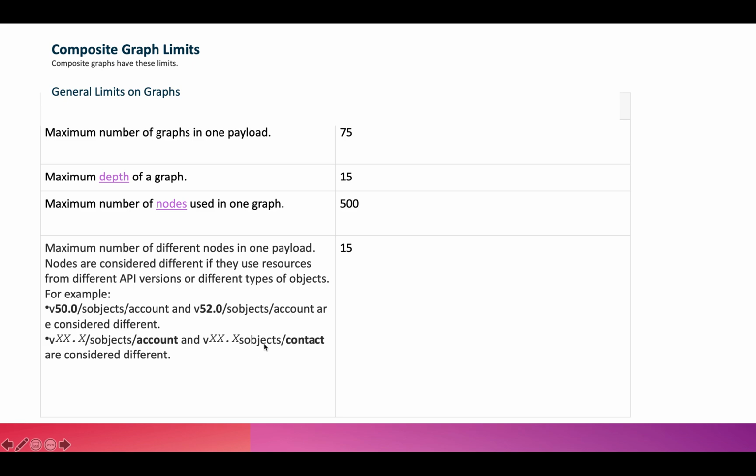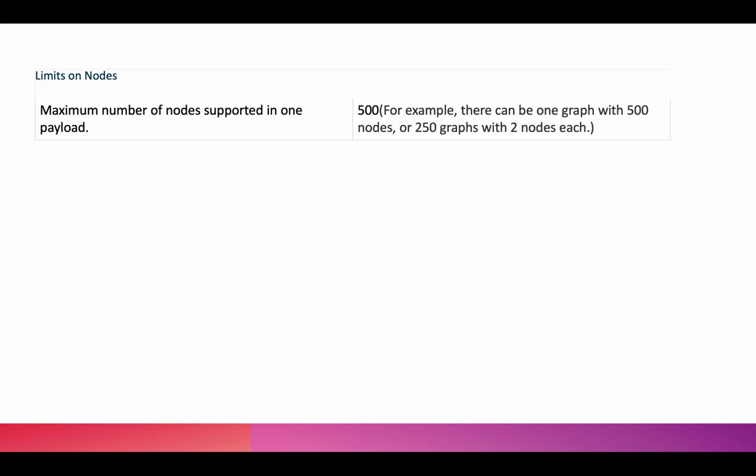Both will be considered a different set of nodes. Now, the maximum number of nodes supported in one single payload is 500. For example, there can be one graph with 500 nodes or 250 graphs with 2 nodes each. That can be a combination, but the upper limit is 500.